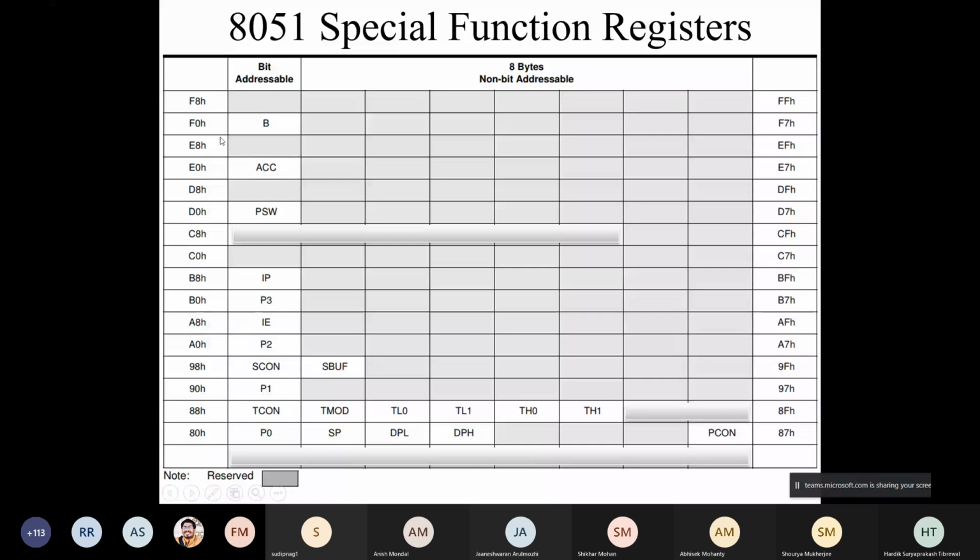So that means move whatever is inside the B register, which is represented by F0, to whatever is there in E0. So that means move B to A.